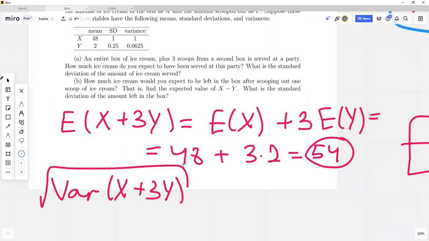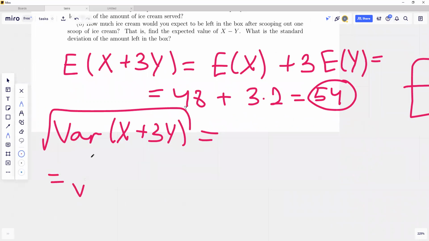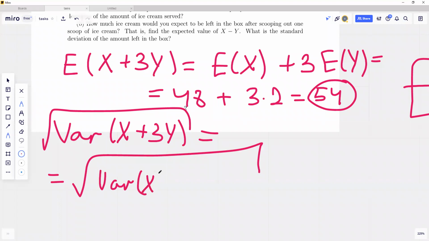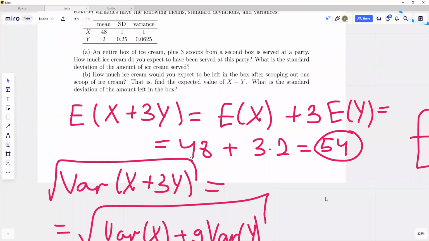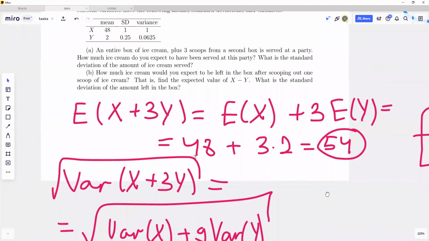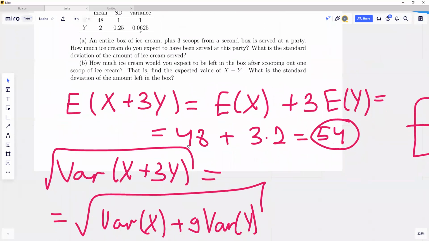Root of that is then root of a variance of X plus 9 variance of Y. All right, now then plug in these values from the last table and you'll get the answer.